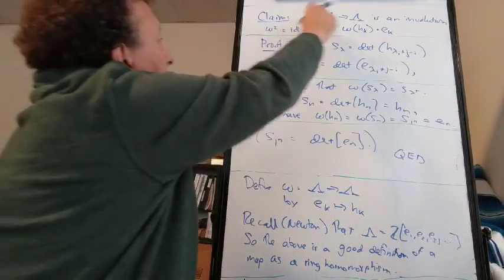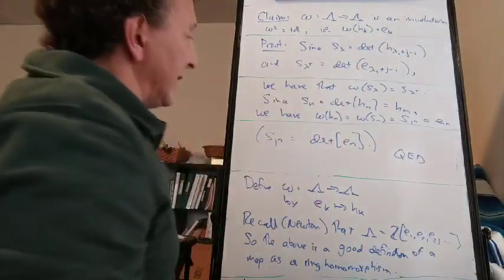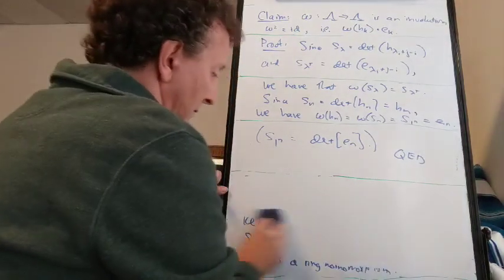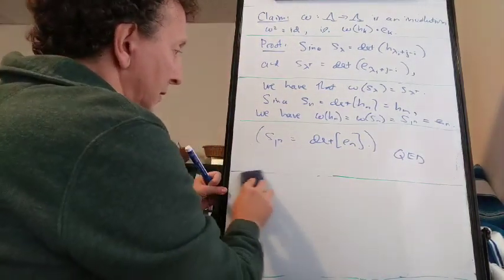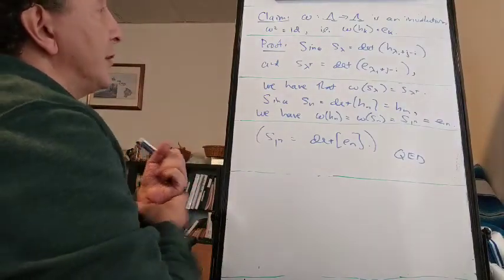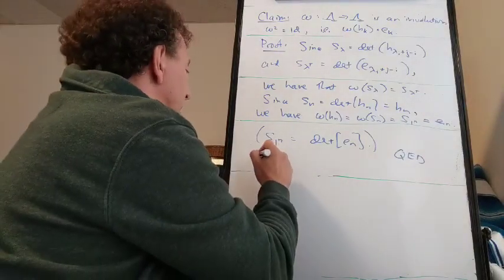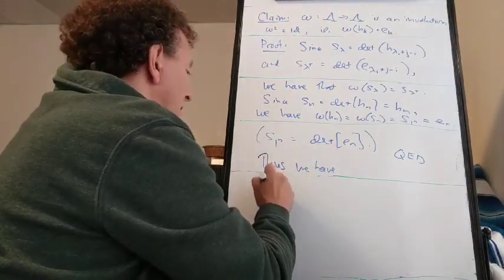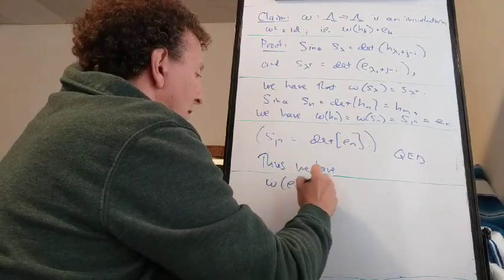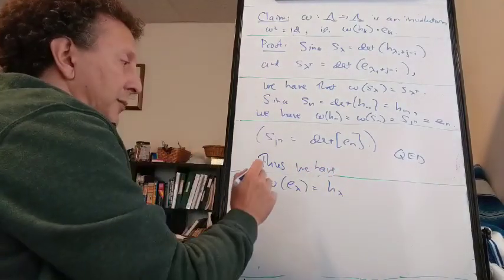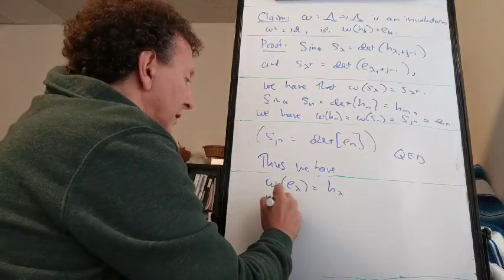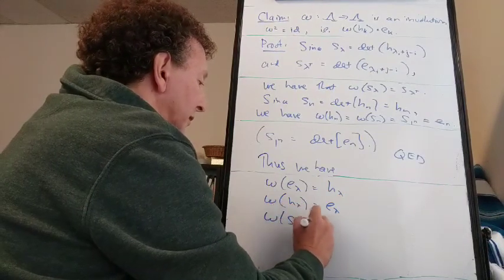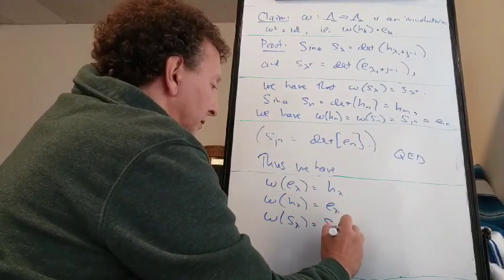So apparently omega maps Hk to Ek as well as Ek to Hk. Well, since we're interpreting this to be a ring homomorphism, omega maps e lambda to h lambda, h lambda to e lambda, and S lambda to S lambda transpose.